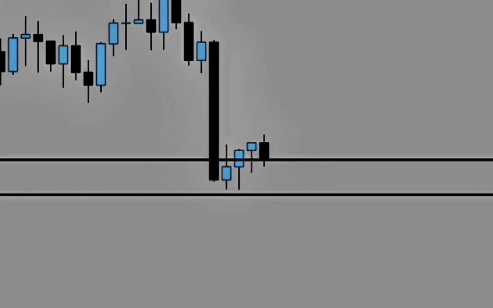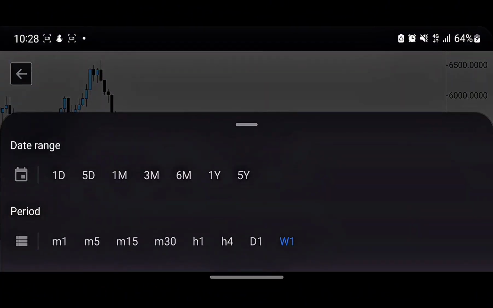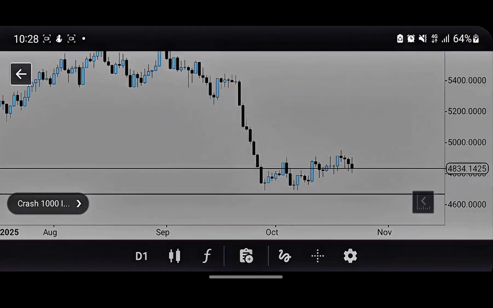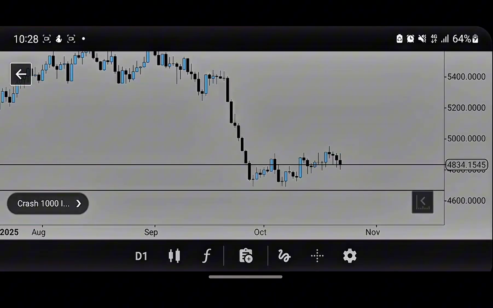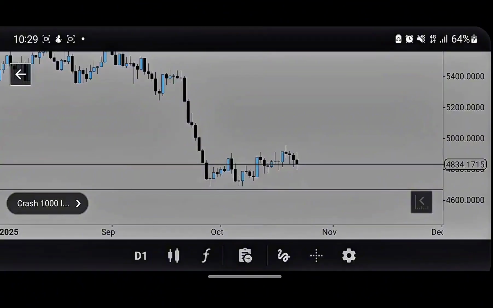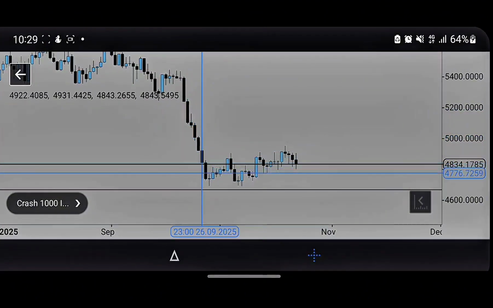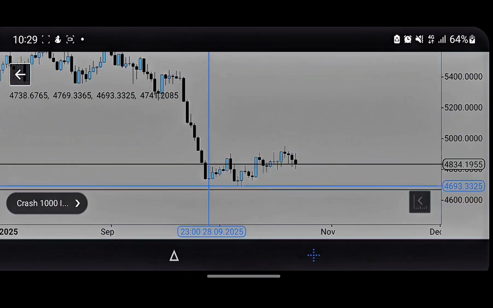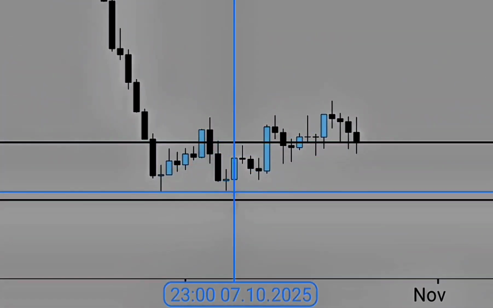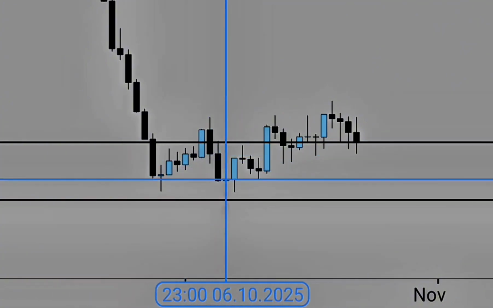So with that in mind, we can then go to the daily time frame. On the daily time frame, this is what we have right here. You notice that price came in low here, made a low, came in higher, made another low which is slightly higher than the previous one that's around there.